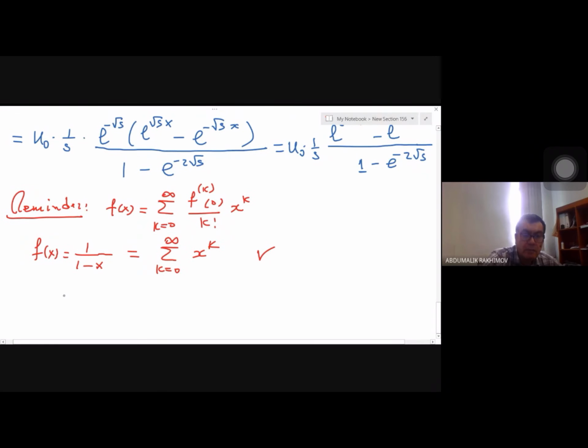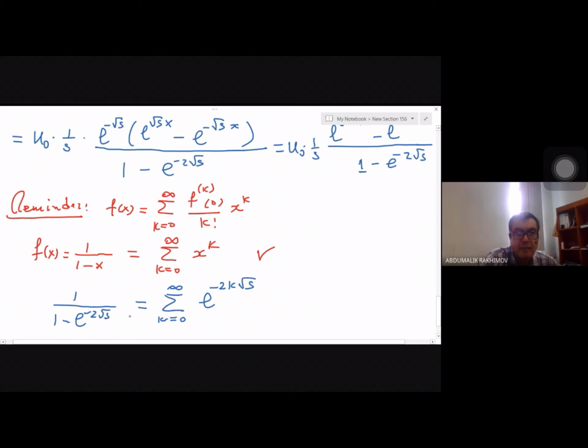If I use this Maclaurin series for the denominator 1 over 1 minus exponential of minus 2 root of s, then this x is actually this exponential. It is the sum over k from 0 to infinity of exponential of minus 2k root of s.